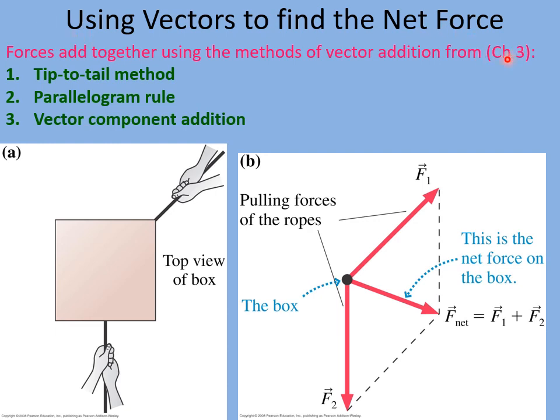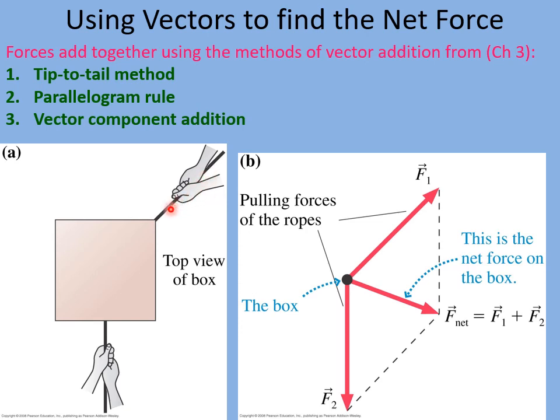Remember from chapter 3 to add the forces. So for example, let's say we have this scenario here where we have a box down here and we're looking down from the ceiling. This is a bird's eye view of the box. And we have one person pulling on a rope in this direction, downward in this diagram. And then the other person is pulling diagonally and up to the right with another rope.